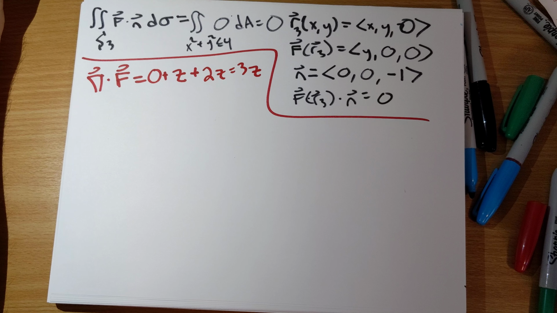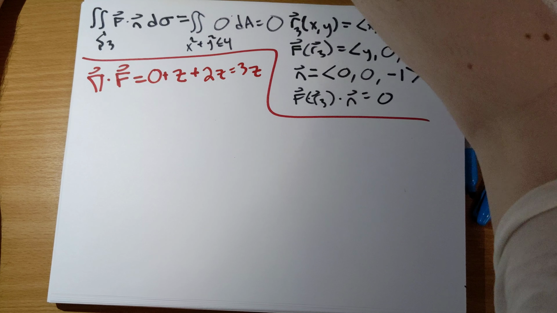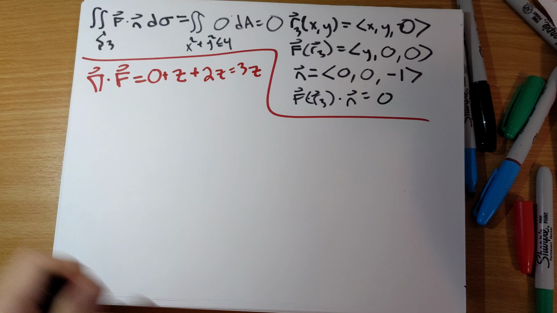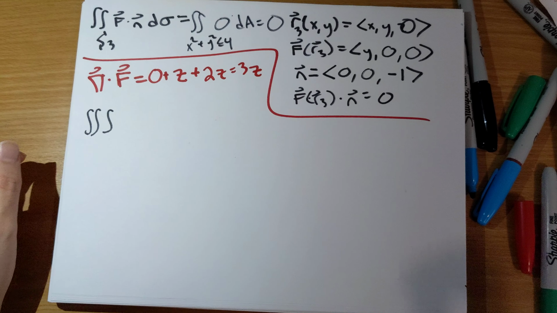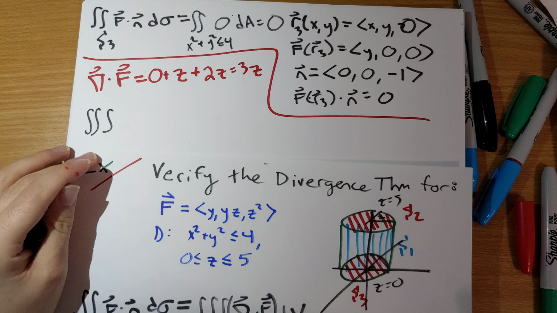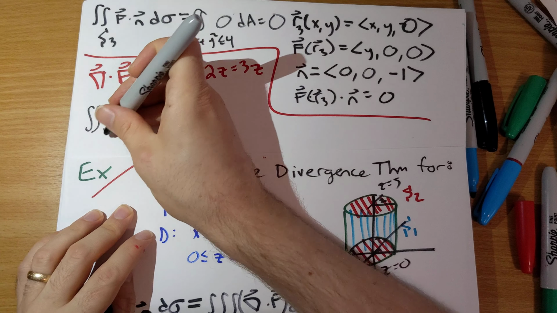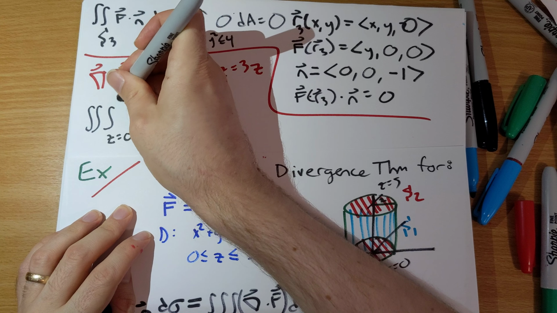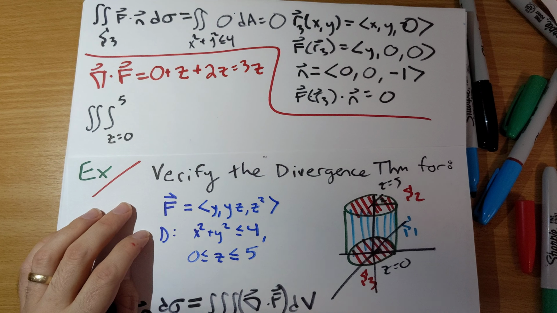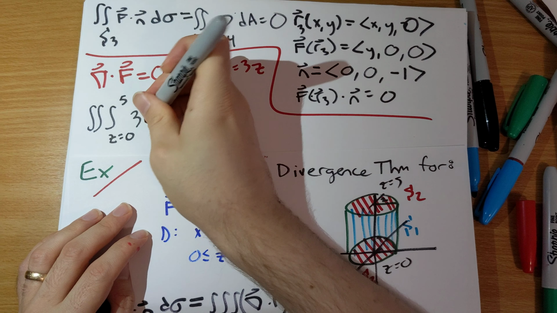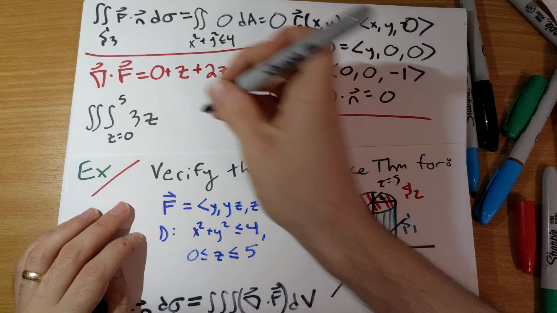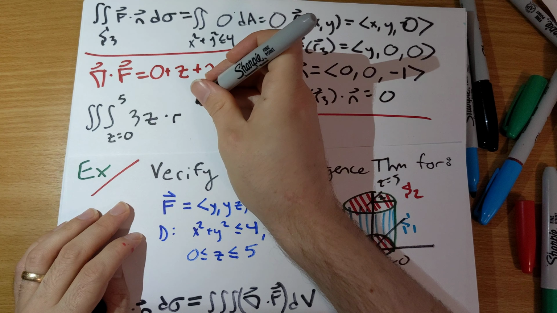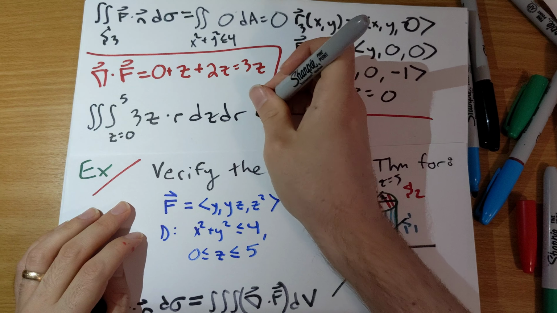Okay, so we have a triple integral then that we need to evaluate. Okay, what are the bounds here? We said we're going to do it in cylindrical coordinates. z runs from 0 to 5. And we're integrating 3z. We're switching here to cylindrical coordinates, so we need to throw in the factor of r. dz, dr, d theta.